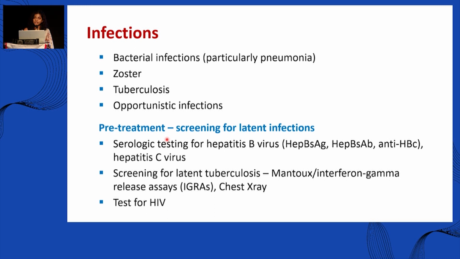But you need to remember, if they have seroconverted, they might not have the hepatitis B antigen, might be positive for hepatitis B S antibody, which could be due to vaccination as well, but they'll always be positive for anti-core antibody. So we need to do the anti-core antibody as well in all these patients. And we screen for latent tuberculosis and for HIV as well.